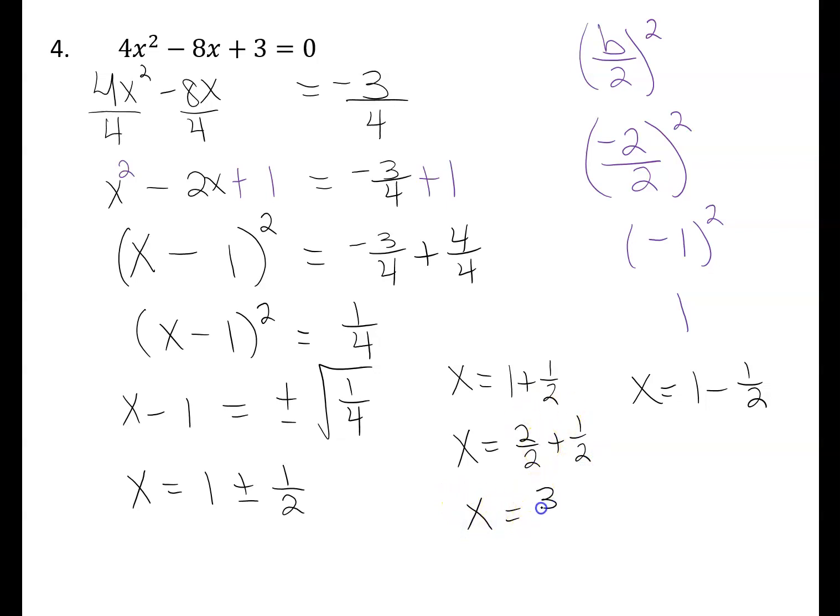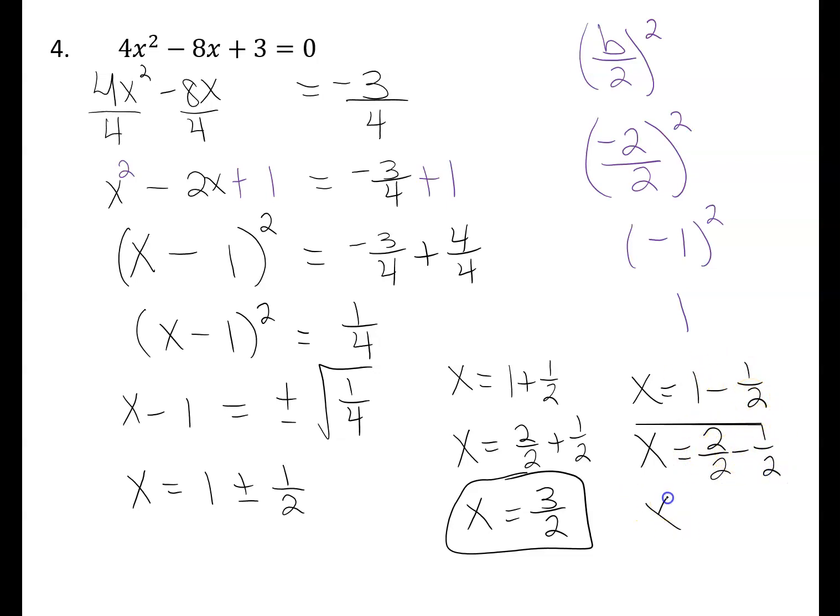So this one gives us the answer 3/2. And over here, you probably know the answer to 1 minus 1/2, but I'm going to go ahead and show it. If we get a common denominator, it'll be 2/2 for our 1. And 2 minus 1 is 1, so this is going to be 1/2.